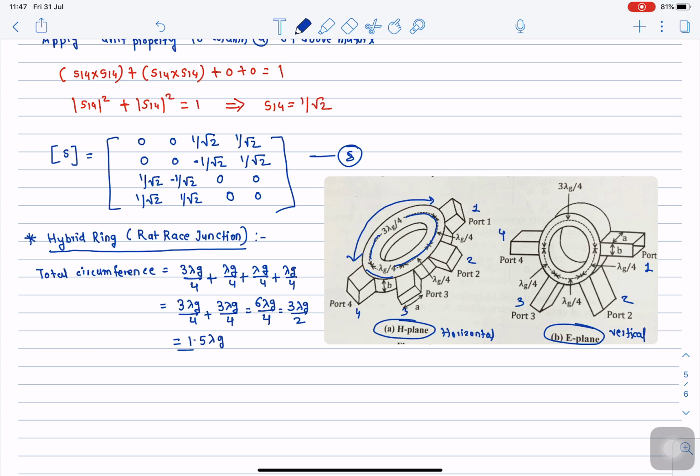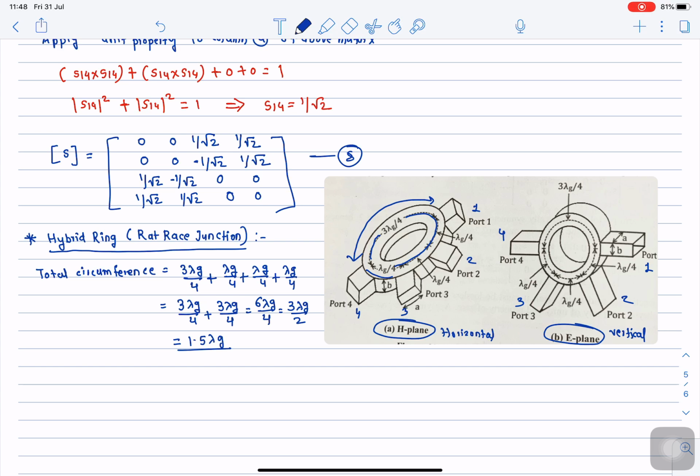Please remember, this hybrid ring or rat race junction circuit is capable of sustaining standing waves, and the waveguide sections or arms are connected in a manner such that proper intervals are set by means of series and parallel junctions. This junction can be designed to be either a series or a parallel junction. In the case of a parallel junction, the structural arrangement usually consists of pieces of rectangular waveguide bent in the H-plane.